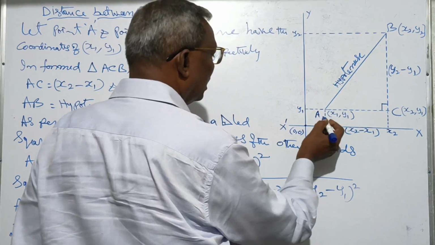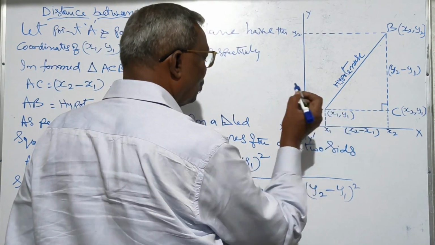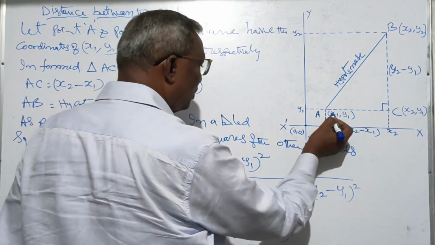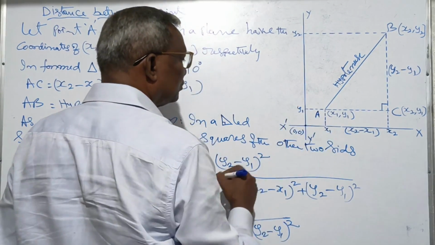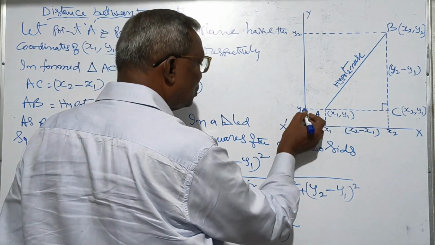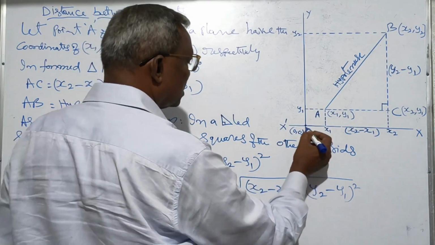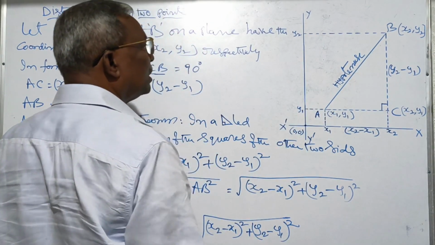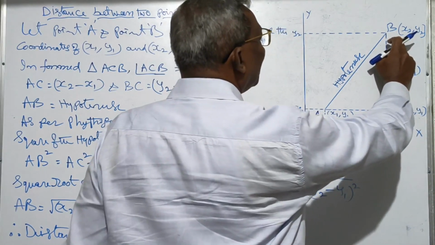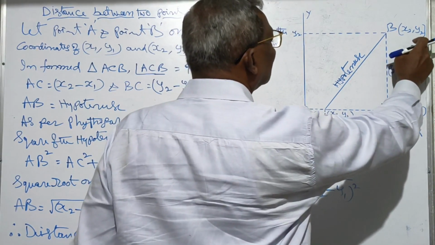At A, the coordinates are x1, y1. x1 is from the origin to x1 on the x-axis, and y1 is from the origin to y1 on the y-axis. Similarly, B coordinates are x2, y2.